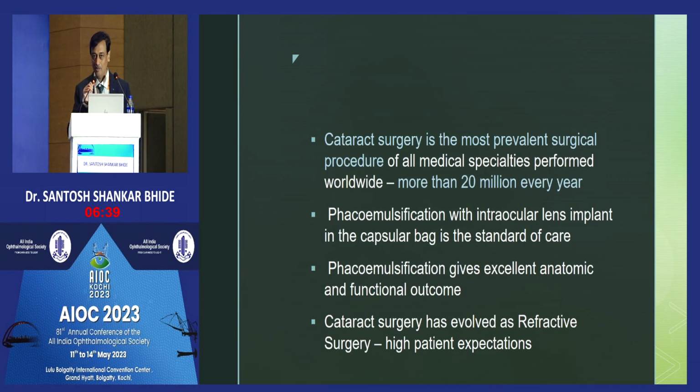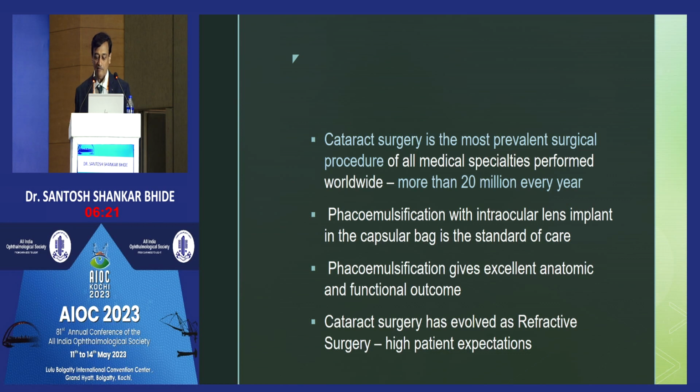See, we all know that cataract surgery has evolved in the last 3 decades because of the advancement in technology and the techniques and availability of high-end machines. And we all know that cataract surgery is one of the most prevalent surgical procedures in all the medical specialties performed worldwide. More than 20 million surgeries are performed every year.